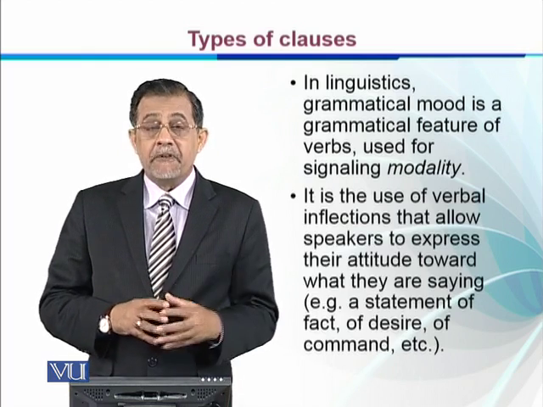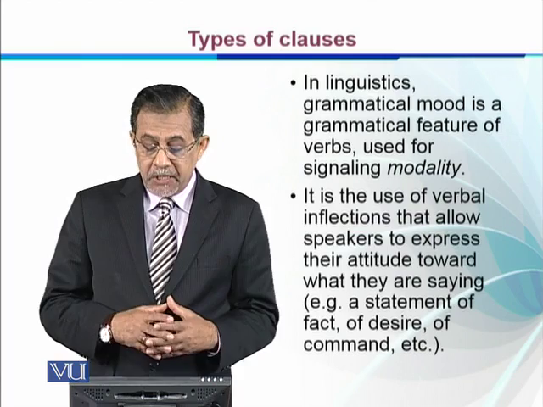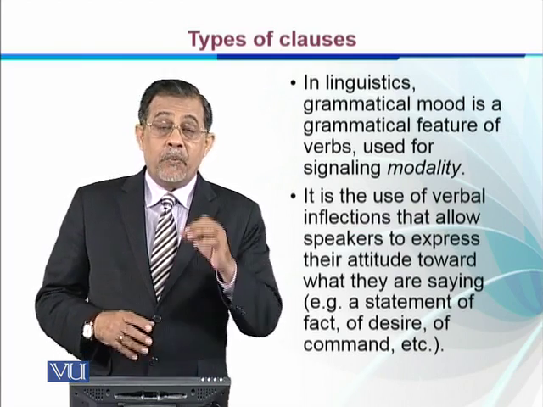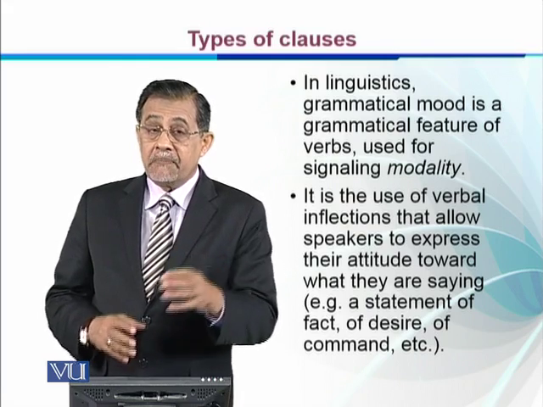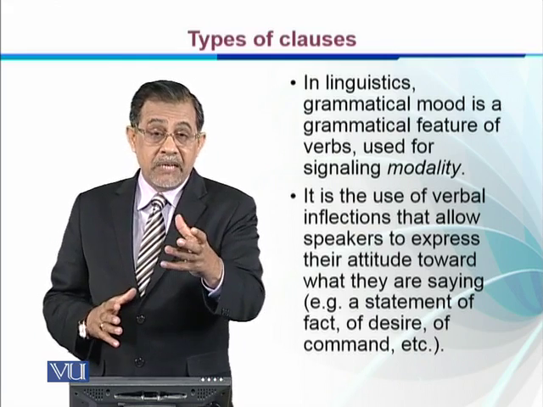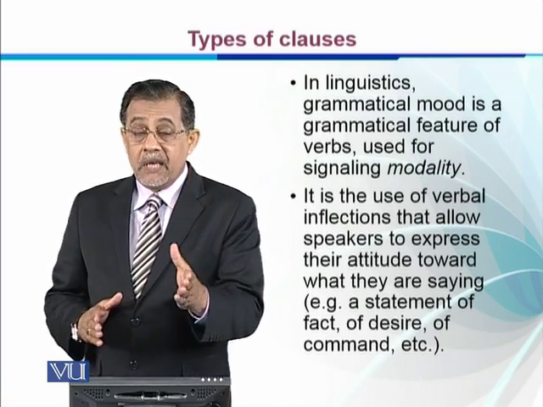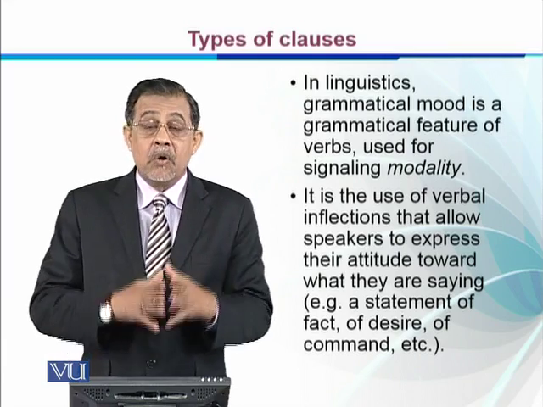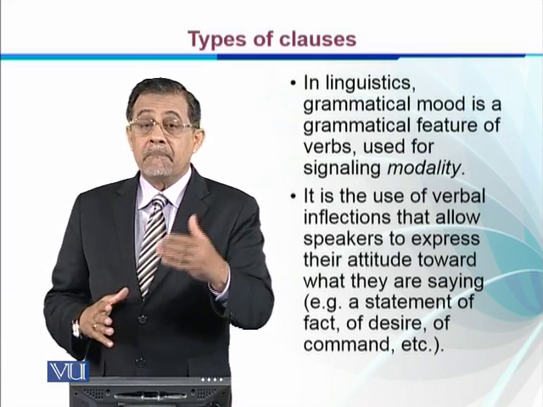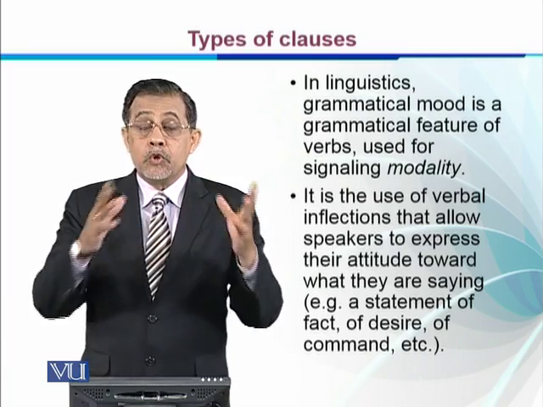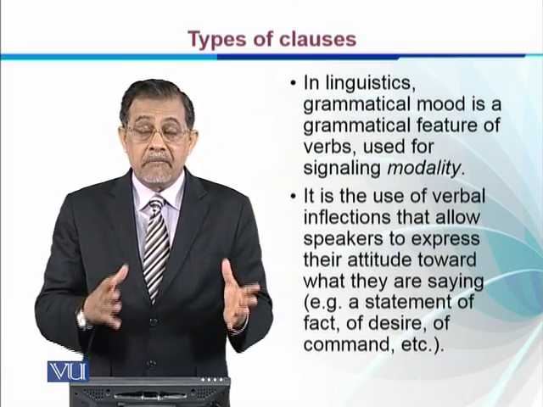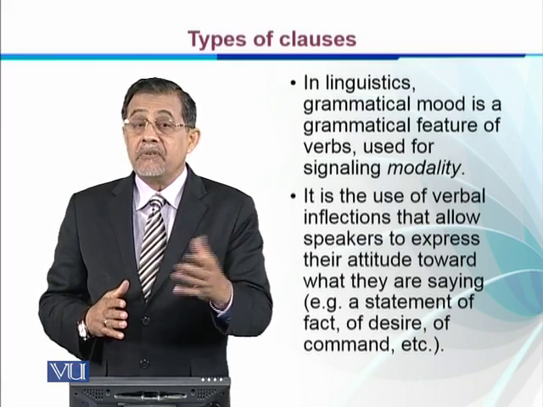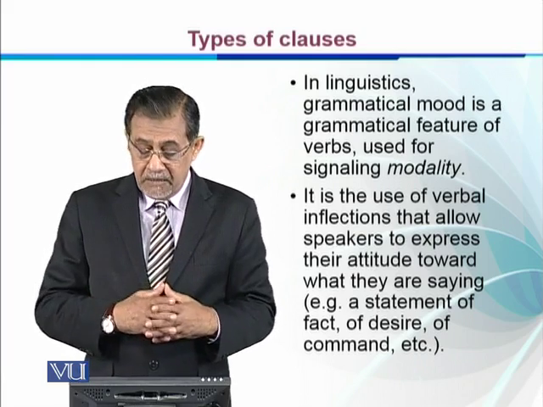It is the use of verbal inflections that allow the speaker to express their attitude towards what they are saying, whether they are talking about a statement, an interrogative question, a command, a request, or something which is unreal, which is simply imaginary, or which may or may not take place, right?